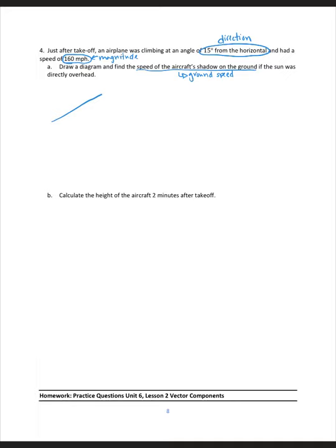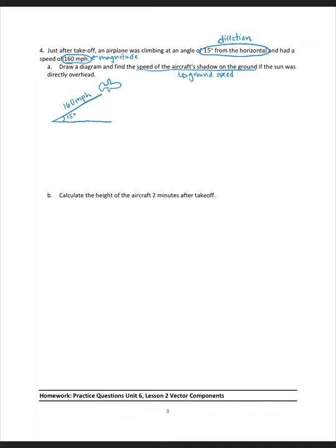I'm going to try, we have an airplane. Doesn't really look like much of an airplane. It's traveling 160 miles per hour, and it makes an angle with the horizontal, which we'll say is our ground, of 15 degrees.